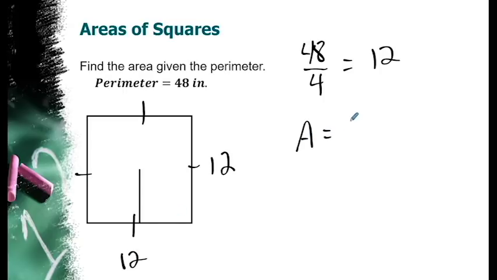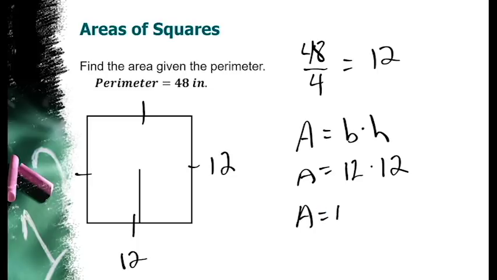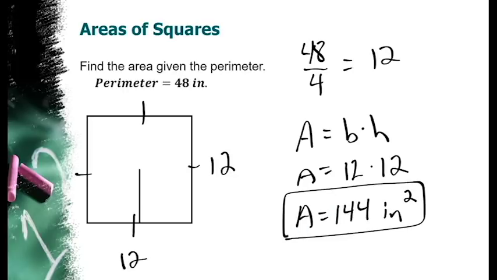That gives us enough to use our area formula using the base times height version. So area is equal to 12 times 12, and we are looking at 144 square inches for our area of that square.